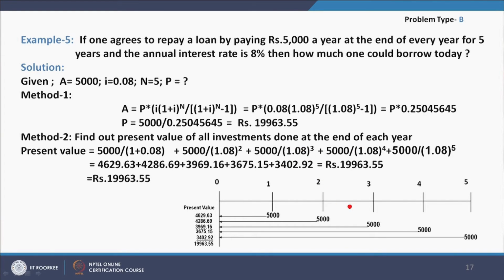Similarly, the present values for the third year and the others are computed and written here, and when I sum them up, it becomes 19,963.55. So, we saw two methods, one quick method and the other which works on first principles, but gives you a very clear view of what is being done.